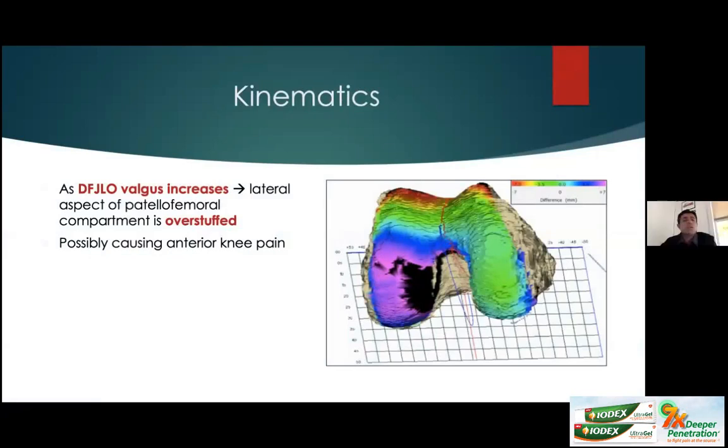As the distal femoral joint line obliquity valgus tends to increase, there seems to be excessive force on the lateral patellofemoral compartment. So that seems to be overstuffed, which then leads to anterior knee pain.